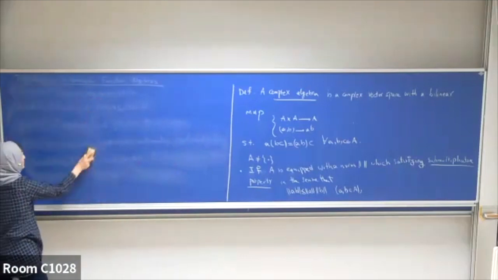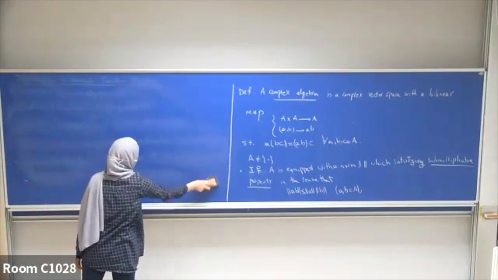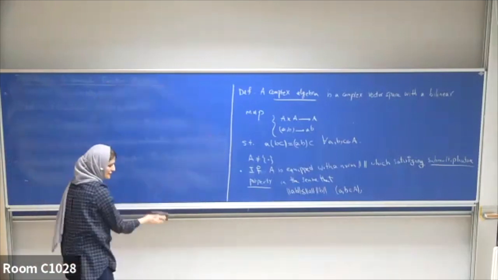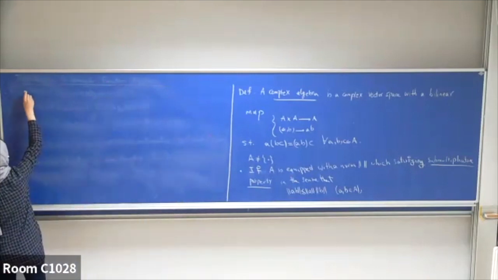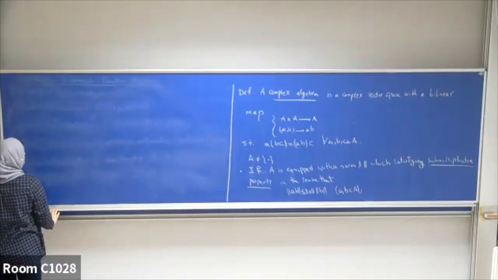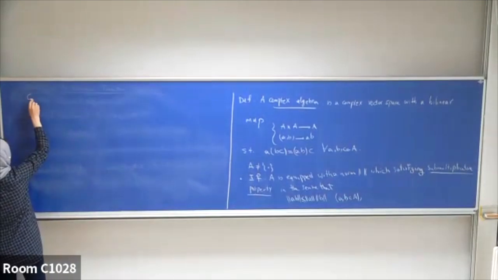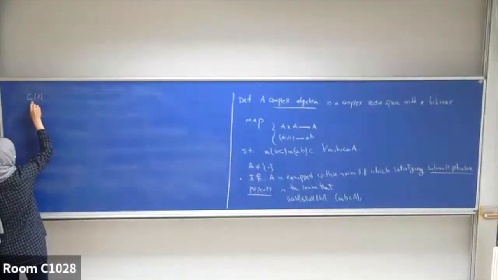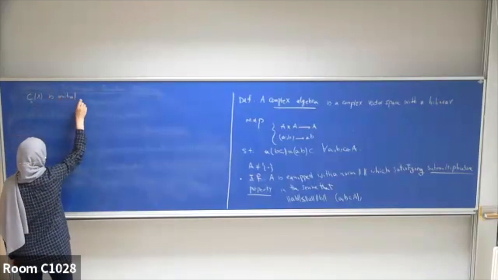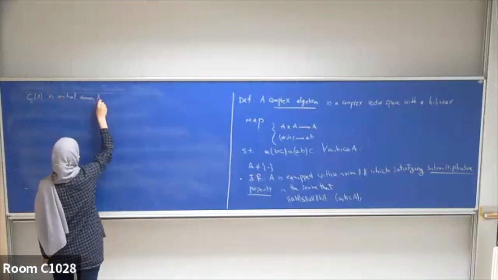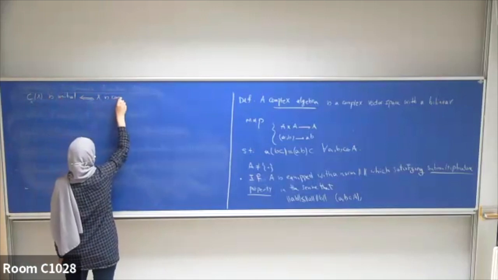So you can check that C0 of X is unital if and only if X is compact.